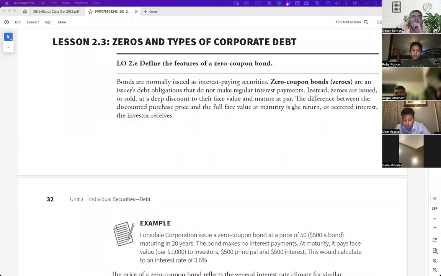The difference between the discounted purchase price and the full face value at maturity is the return. Okay, so zero coupon bonds, all that means here is that they're not going to give regular interest payments each month, every quarter. They're going to give a payment at maturity. Okay, does that make sense? Good.